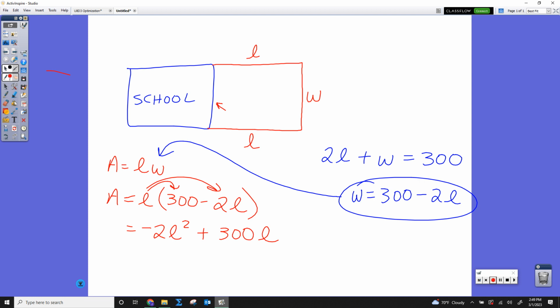So if I was to say what's the maximum area, well, that would be the vertex of our quadratic, of our parabola.